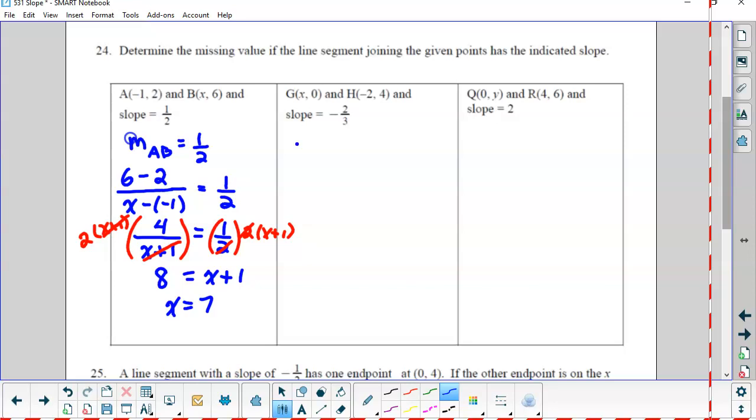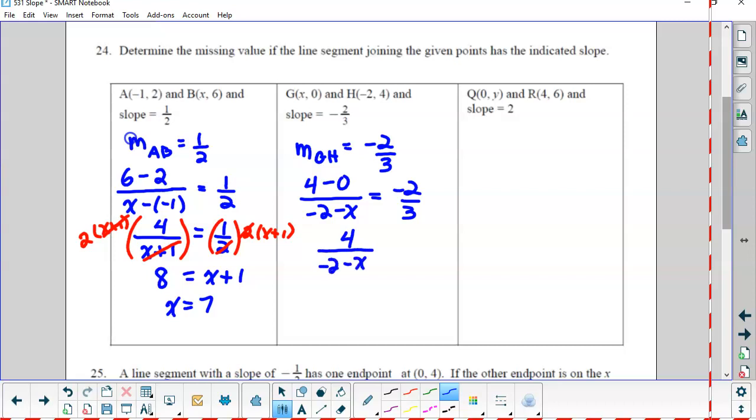So here, this would be slope GH equals -2/3. So slope of GH would be 4 minus 0 over -2 minus x. Now you could factor out a negative, but we don't need to.